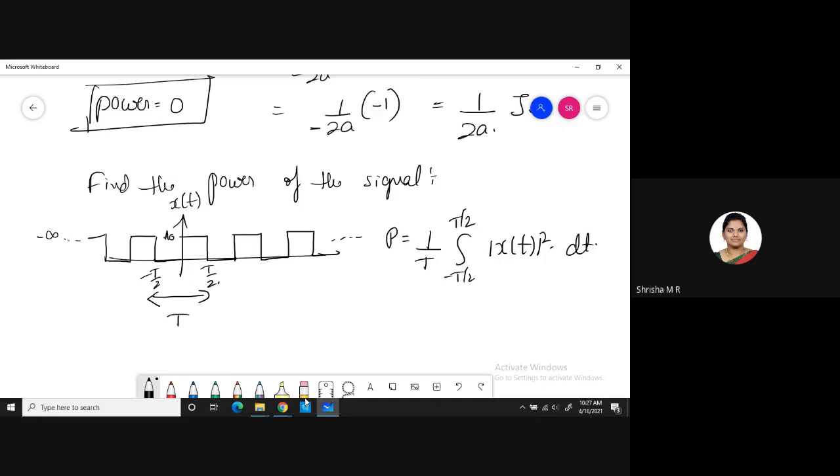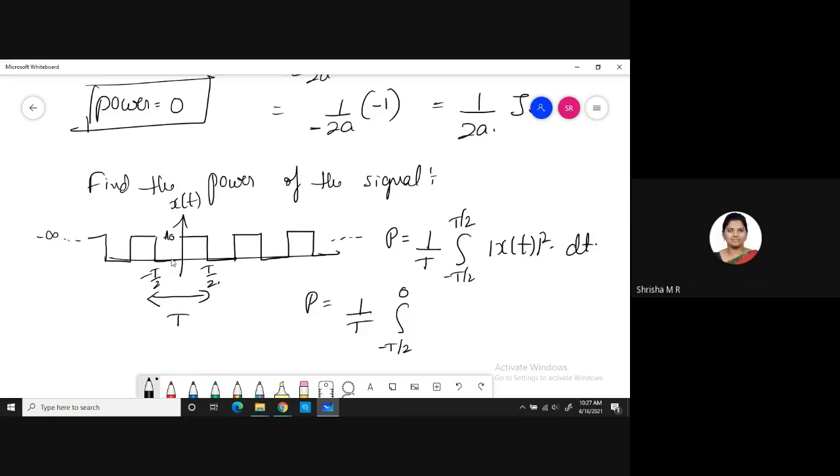So now try finding the power of this signal. Power is nothing but 1 by T. From integral minus T by 2 to 0, what is the amplitude of the signal? A0, ma'am. From minus T by 2 to 0, it's 0.